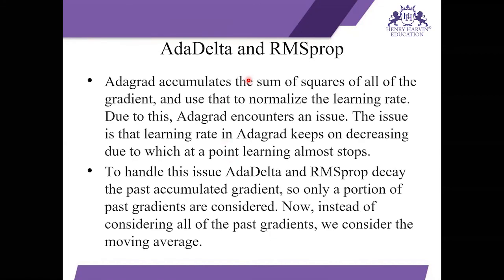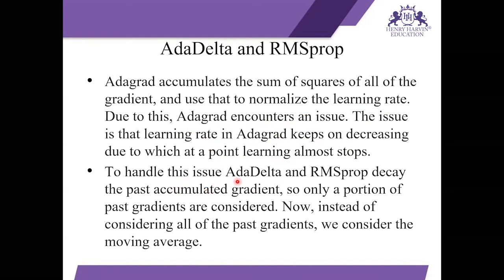The next one is about AdaDelta and RMSProp. AdaGrad accumulates the sum of squares of all the gradients and uses that to normalize the learning rate. Due to this, AdaGrad encounters the issue that we discussed. The learning rate in AdaGrad keeps on decreasing, due to which at a point learning almost stops.